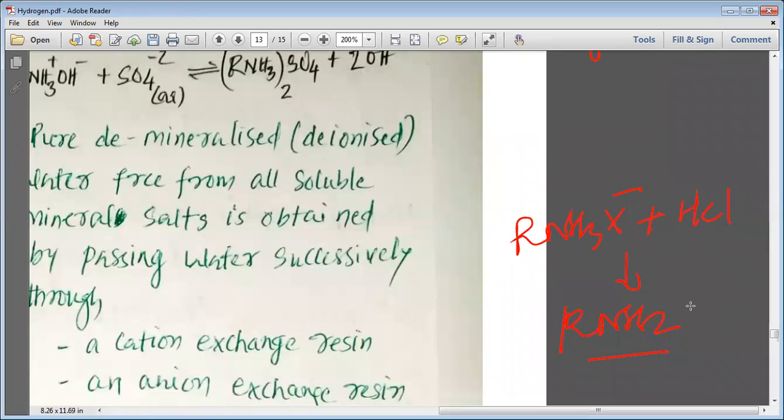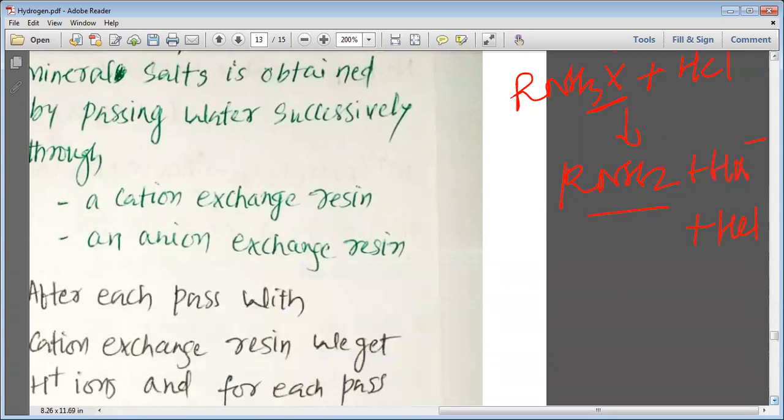Now we have again this HNCl, the extra H that comes out will give us HX minus, and we will get HCl formed. So let us understand the regeneration once again.